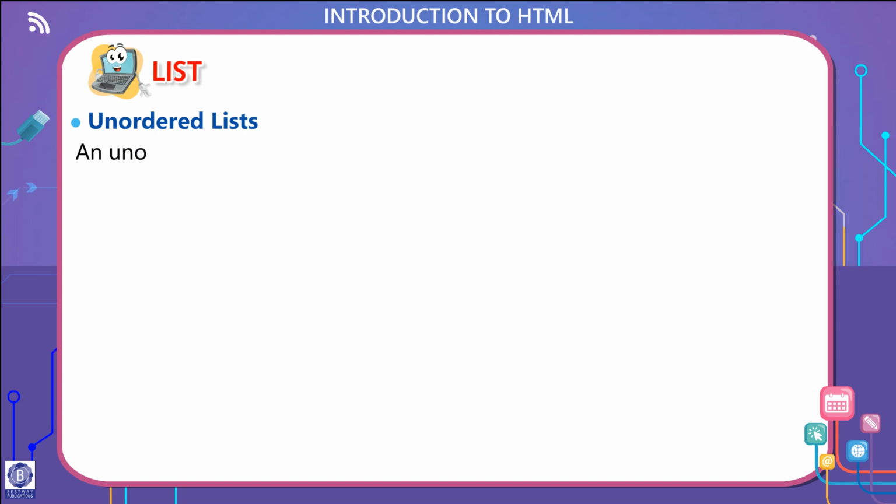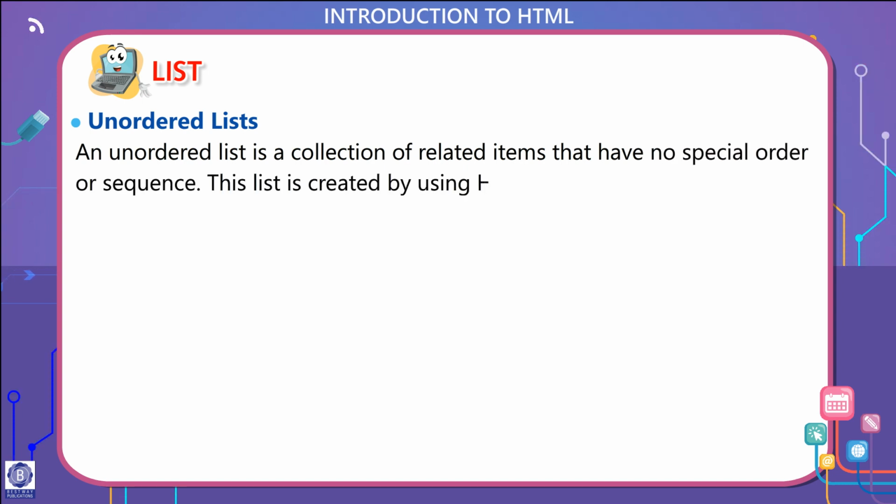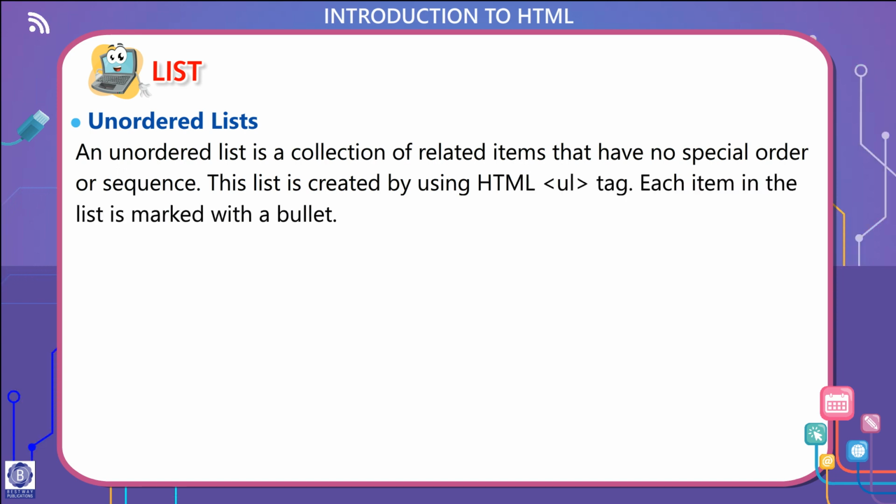Unordered list. An unordered list is a collection of related items that have no special order or sequence. This list is created by using the HTML UL tag. Each item in the list is marked with a bullet.